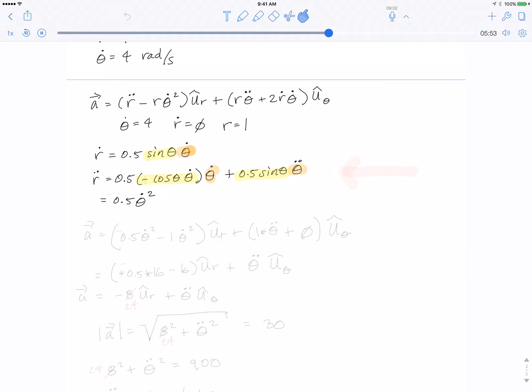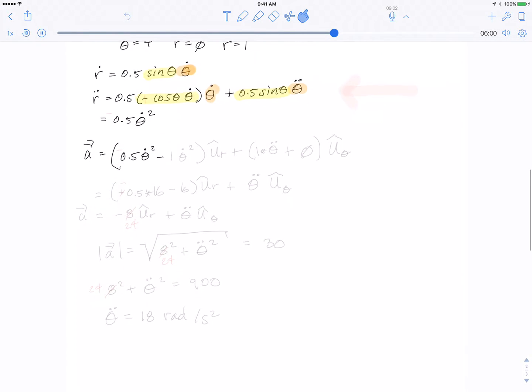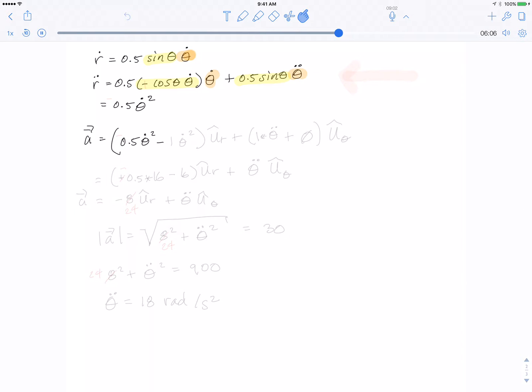Okay, so putting everything in, we get A equals 0.5 theta dot squared minus R, which is 1, times theta dot squared in the R direction, plus R, which is 1, times theta double dot, plus 2 R dot theta dot, but R dot at theta equals 180 was 0.